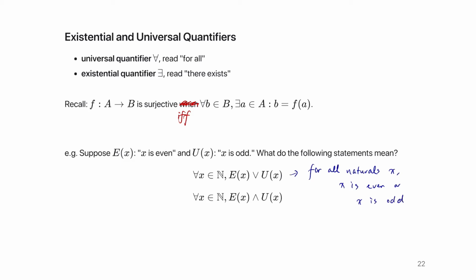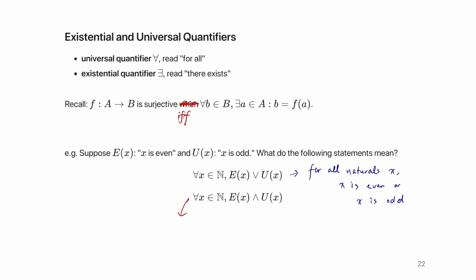Okay, again, we don't really want to think about what these statements mean, or whether or not they're true yet, but just to define things. What does the second one mean? It's almost the same thing, with just the or replaced with an and, right? So this is saying for all natural numbers x, x is even and x is odd.